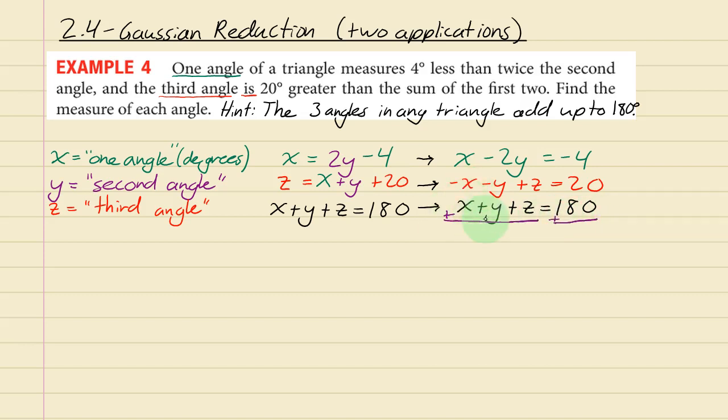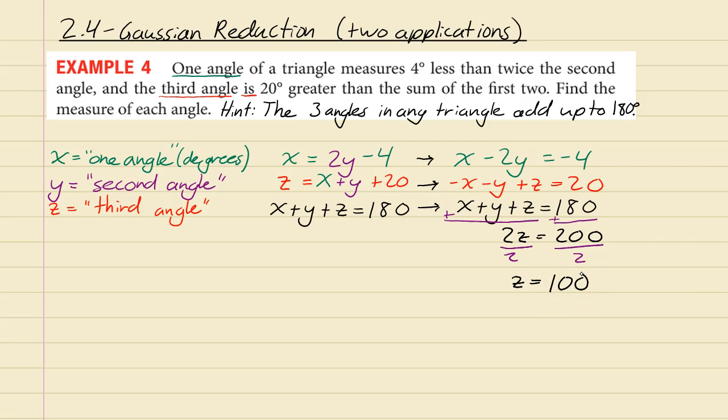That will give you 0x plus 0y plus 2z equals 200, and you can divide both sides by 2 to get z equals 100.